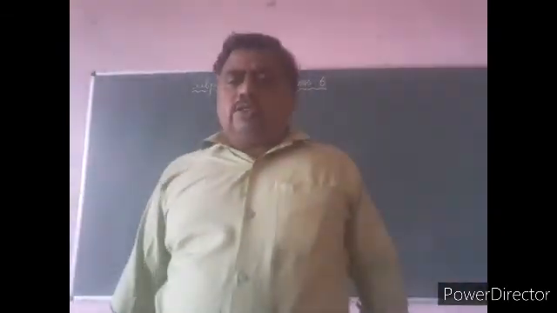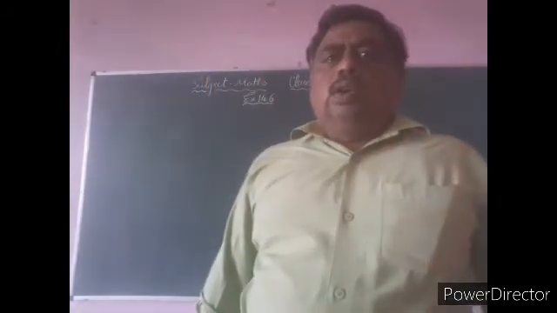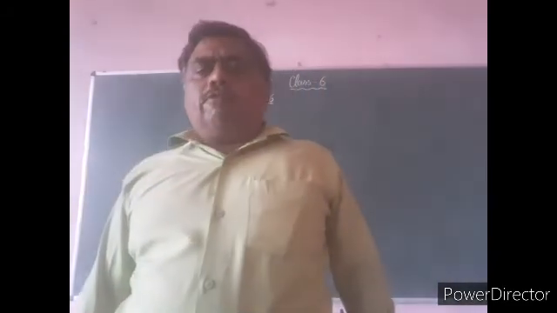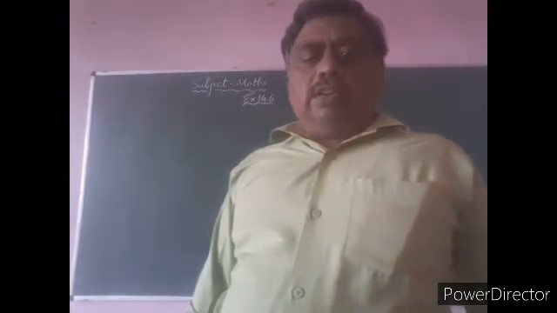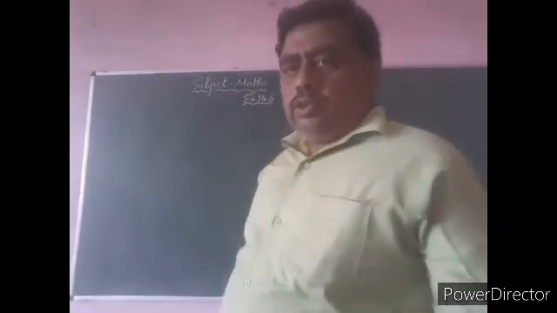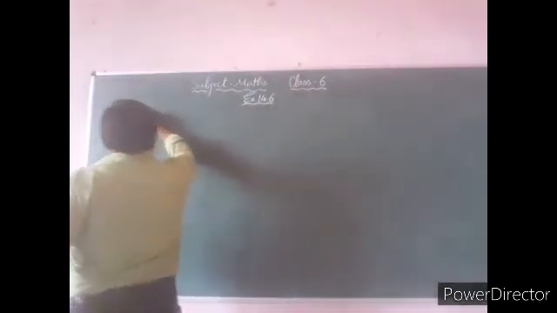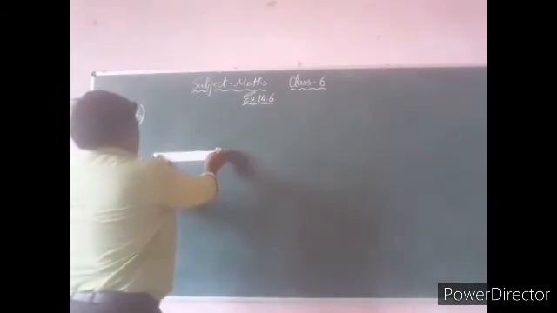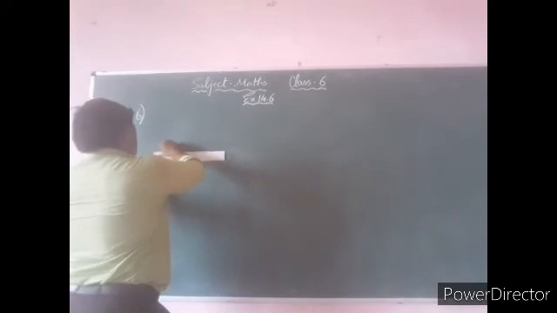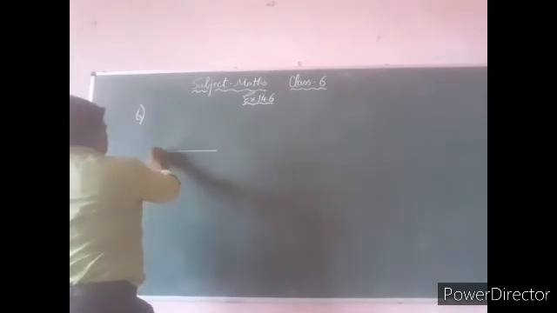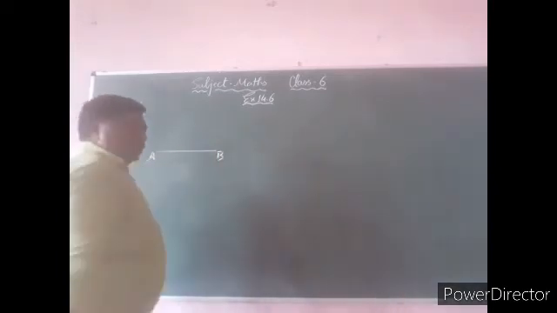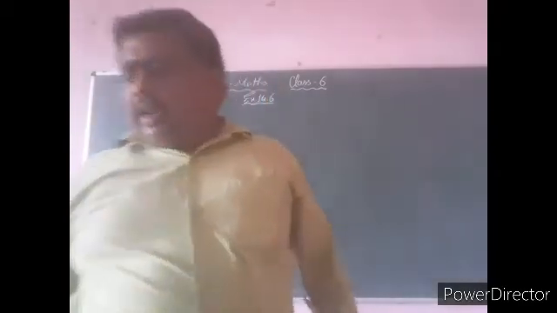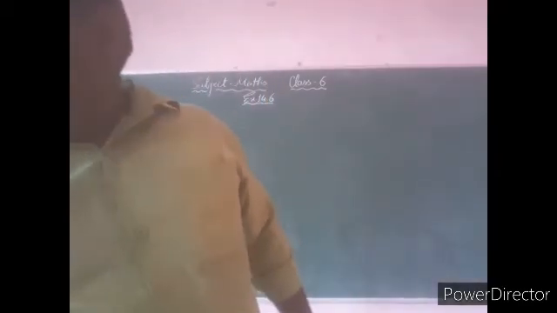Question number 6. Draw an angle of measure 45 degree and bisect it. So question number 6. First of all, draw a line AB. Now draw an angle of 90 degree.